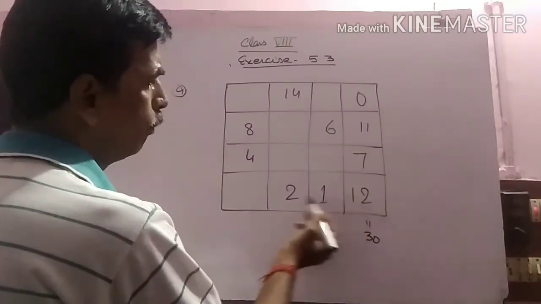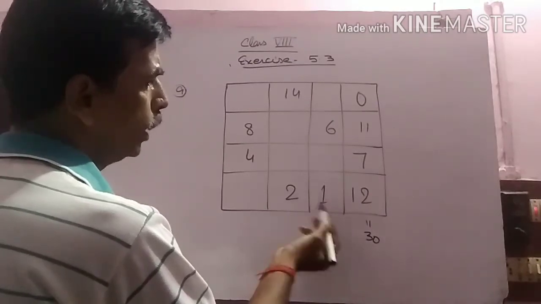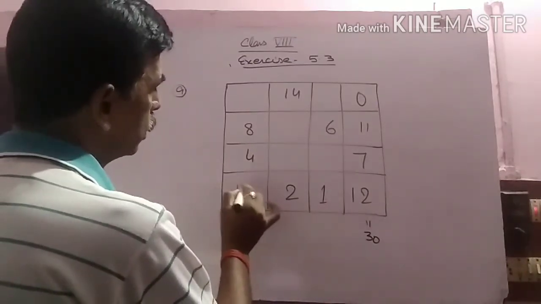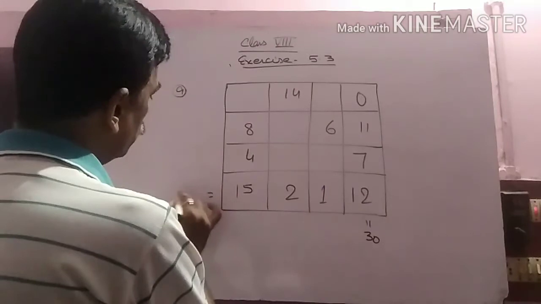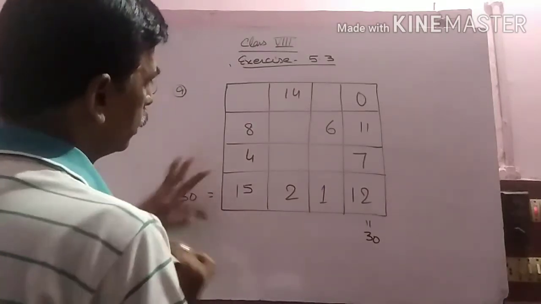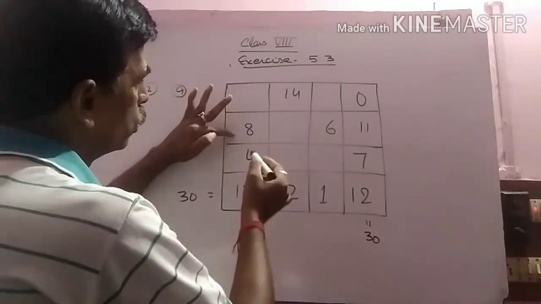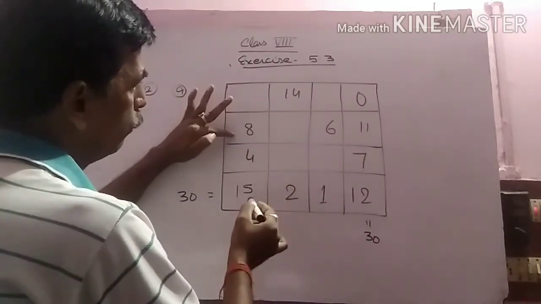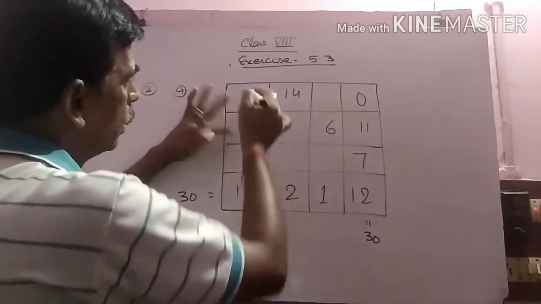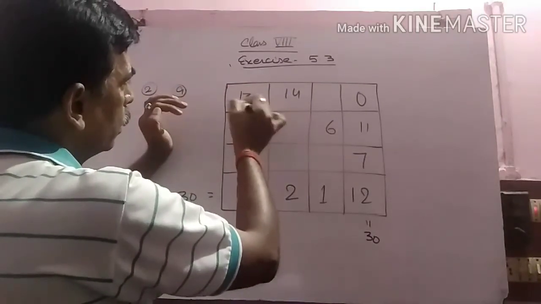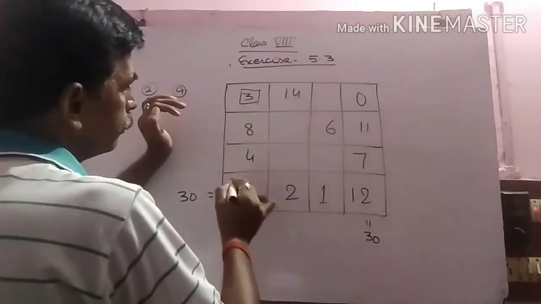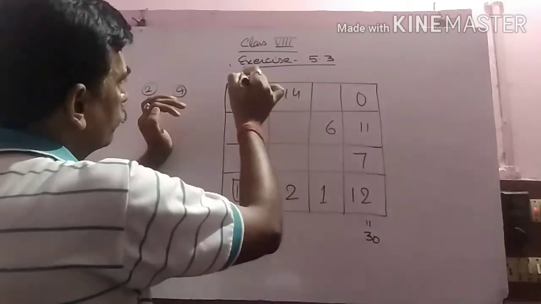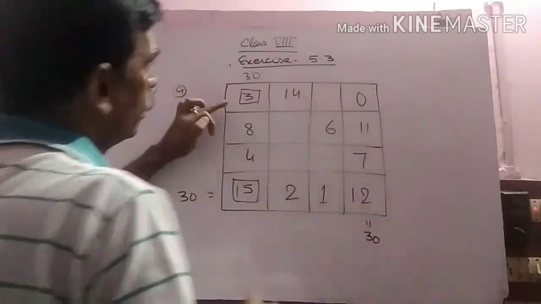So 12 plus 2 is equal to 14 plus 1, 15 plus 15. So also becomes 30. 3 is completed here. So 8 plus 4 is equal to 12 plus 15 is equal to 27 plus 3. So it becomes 30.